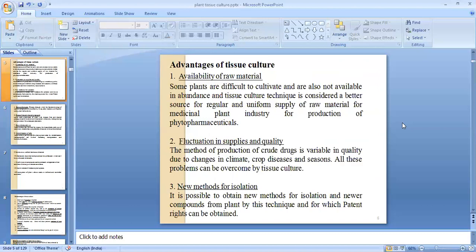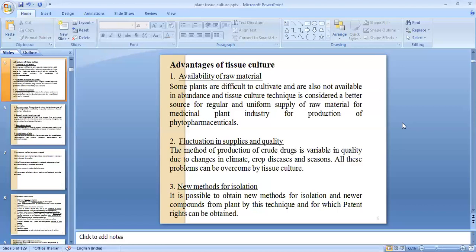And next, when we see the advantages of plant tissue culture, the first thing is the availability of raw material. That means the raw material required by the plant industry for the production of phytopharmaceuticals. When you are getting the raw material from cultivated plants, sometimes you may not be able to get the supply the industry requires in the exact quantity.